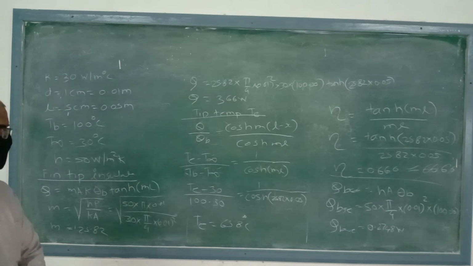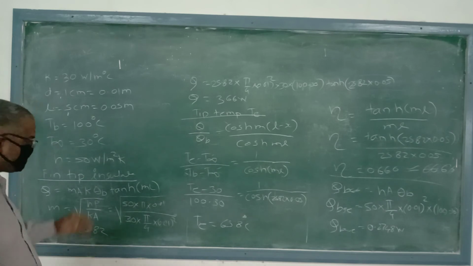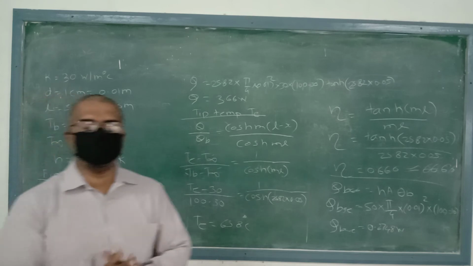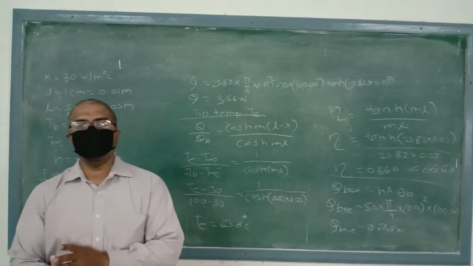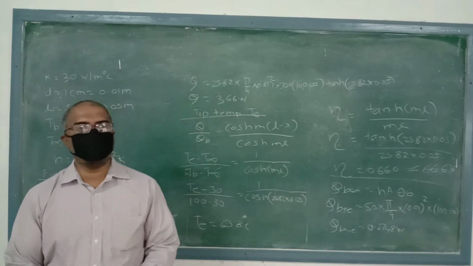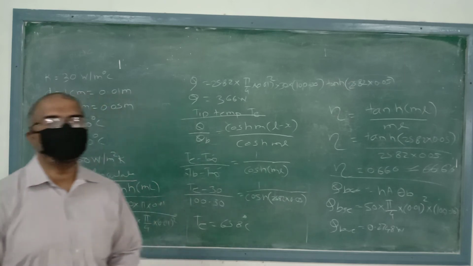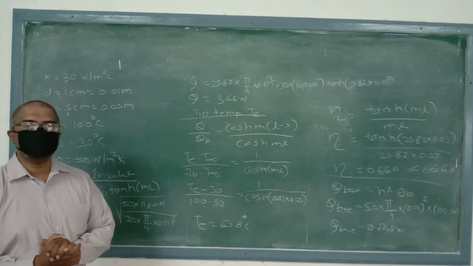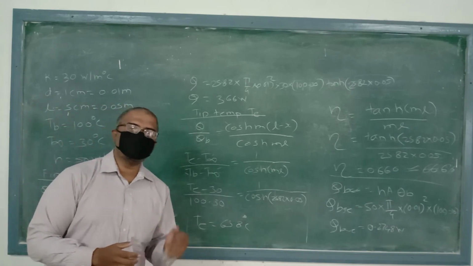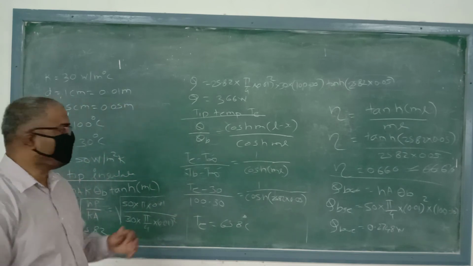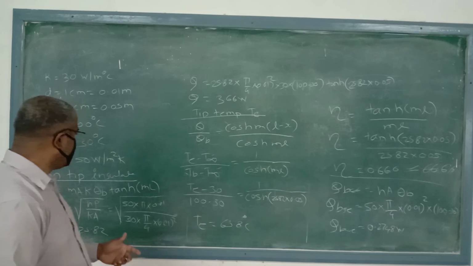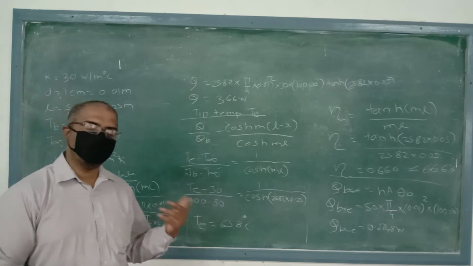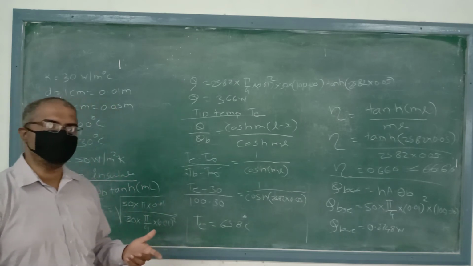See, they have given a fin base, whose rod is circular, again we are considering, and they are asking you to find each and every element in this problem. They are saying calculate the amount of heat transfer from the base to the insulated tip and to the surrounding.